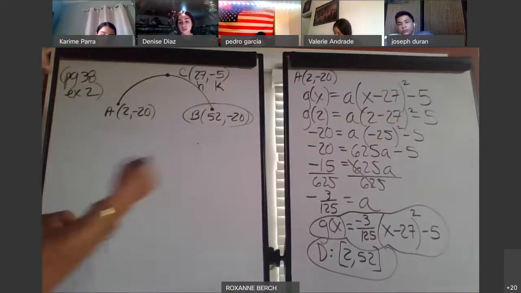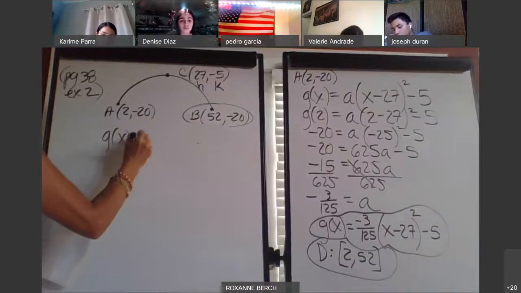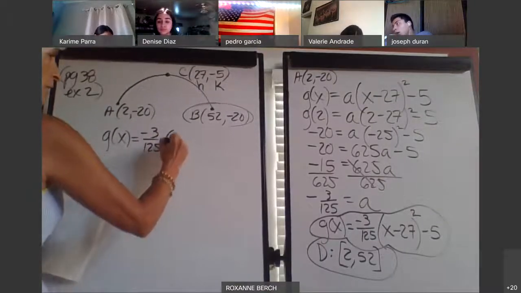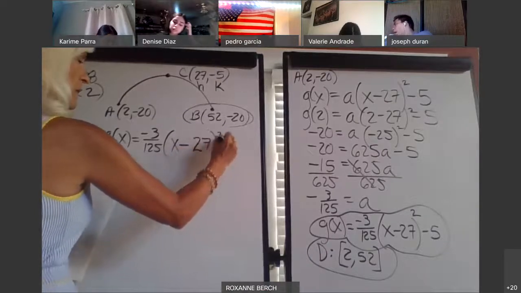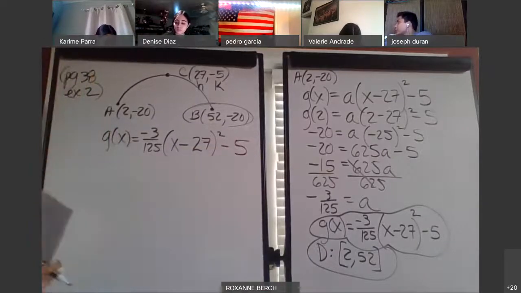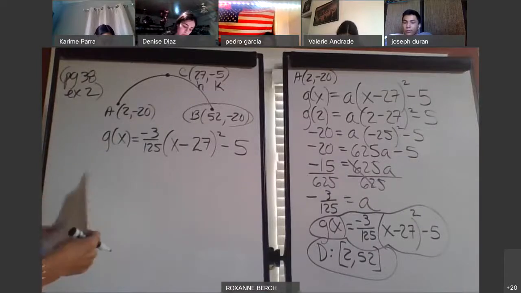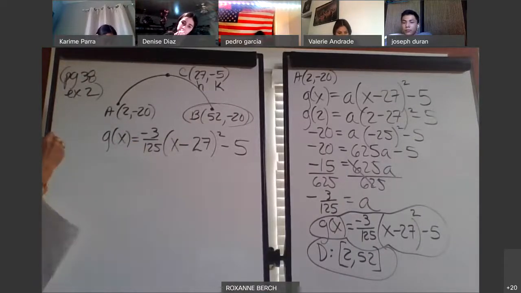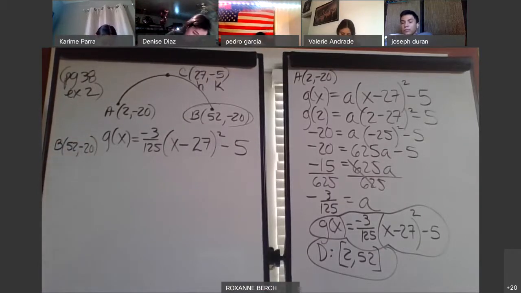So check this out. I'm going to take the function that I came up with and prove that this is right. If I want to bet some money, I know that this is right. Now watch what I'm going to do here. I'm going to take the other point B and prove that this is right.